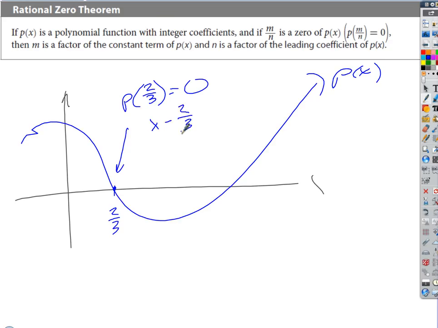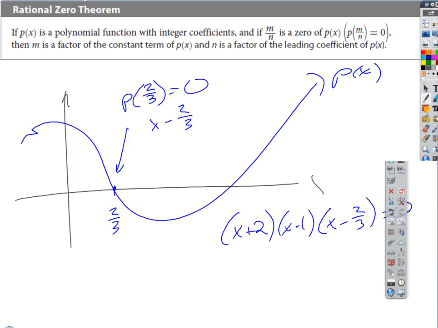2/3, but it's not convenient a lot of times to write these factors in terms of fractions. So how could we clear that fraction? How could we rewrite that? Okay, I could multiply by 3, right? Let's say this is a part of a bigger solution where we've got x plus 2 times x minus 1 times x minus 2/3 equals 0, if we've got this thing in factored form.